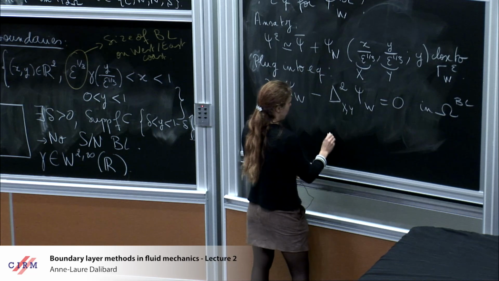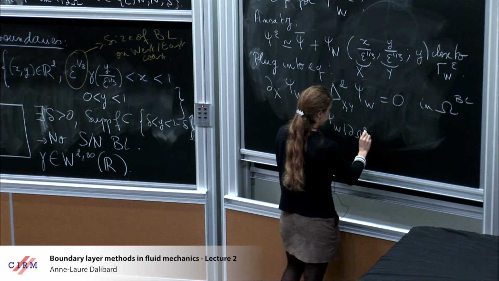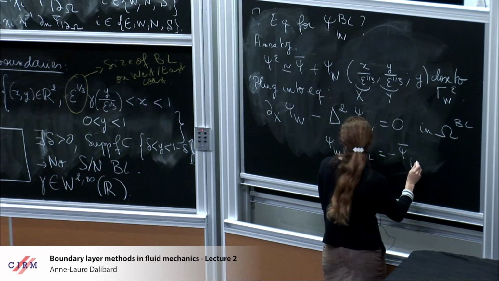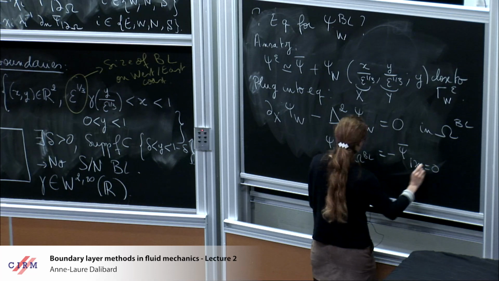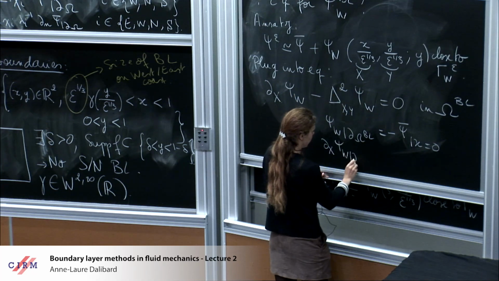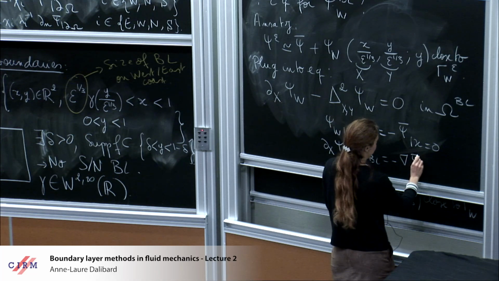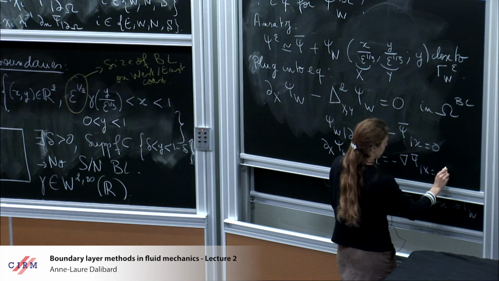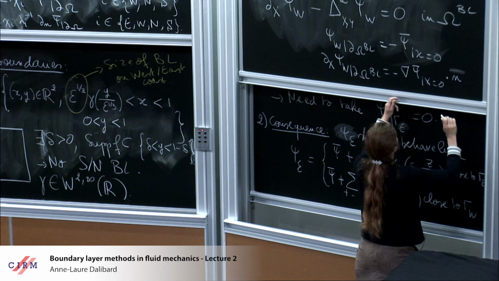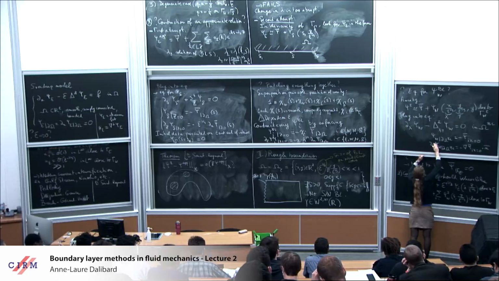And psi w on the boundary of omega BL is equal to minus psi bar at x equals 0, and dx psi w on the boundary of omega BL equals minus gradient of psi bar at x equals 0 times the normal n, sorry.